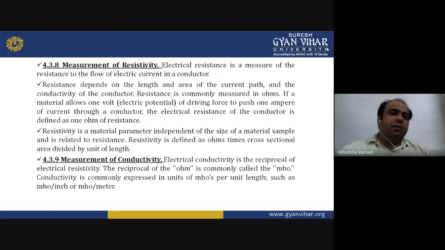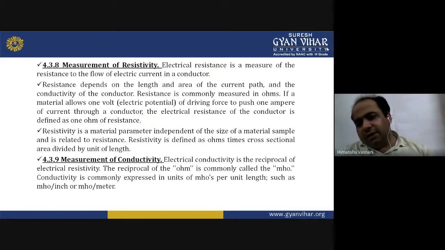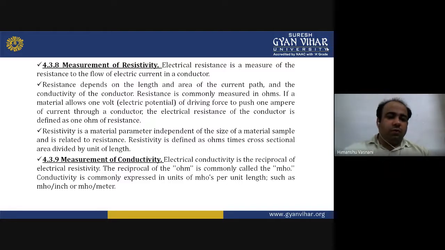Now, measurement of conductivity. Electrical conductivity is the reciprocal of electrical resistivity, because conductivity is flow and resistivity is opposition. The reciprocal of the ohm is called the mho.